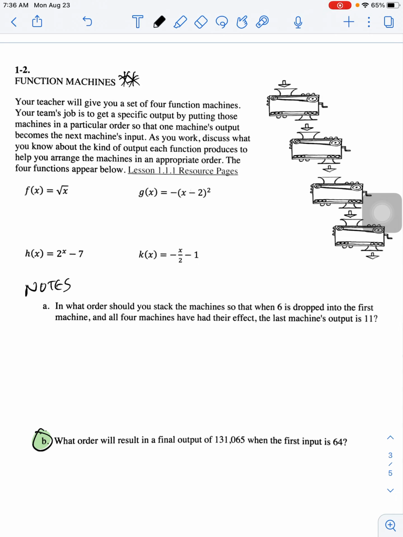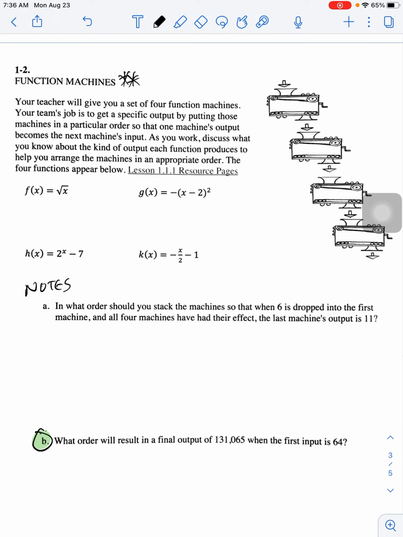All right, so your teacher will give you a set of 4 function machines. Your team's job is to get a specific output by putting those machines in a particular order so that one machine's output becomes the next machine's input. As you work, discuss what you know about the kind of output each function produces to help you arrange the machines in an appropriate order.